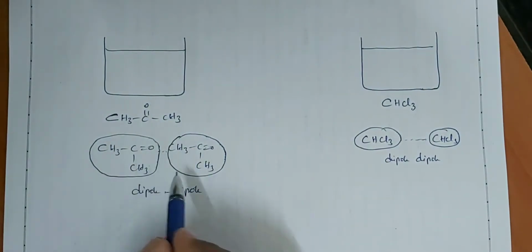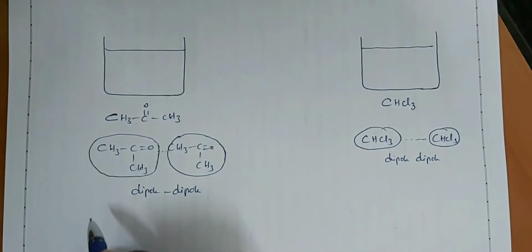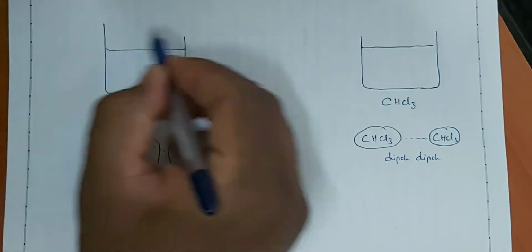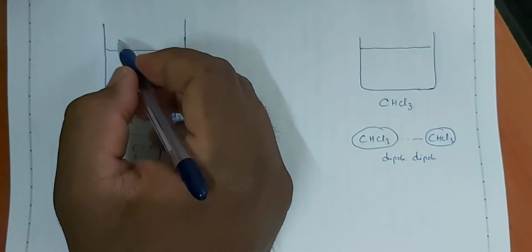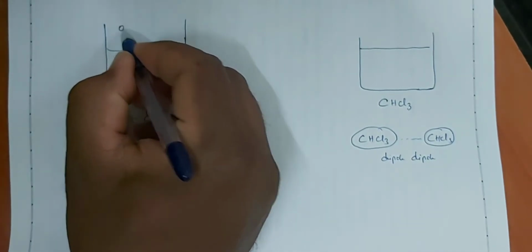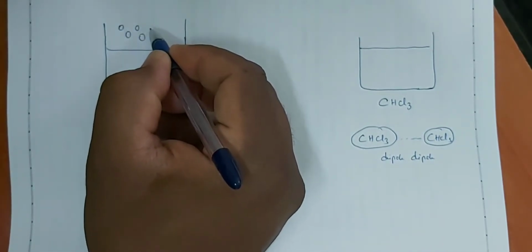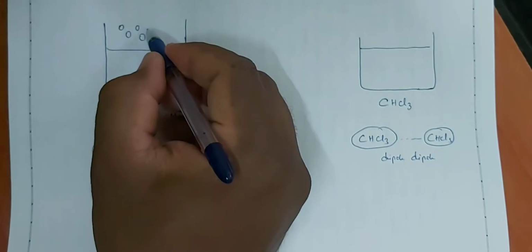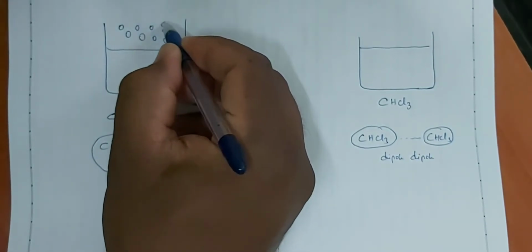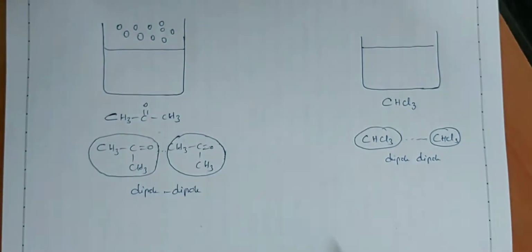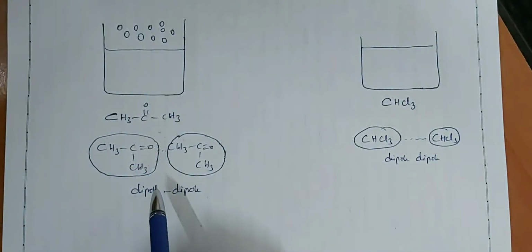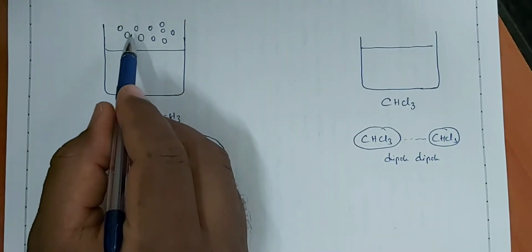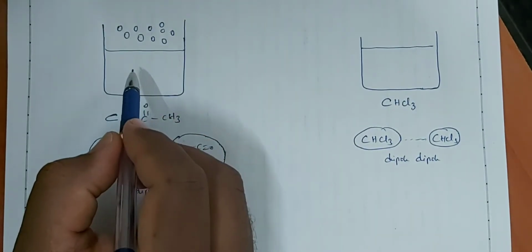Because of these dipole-dipole attractions at a particular temperature, some chloroform molecules, acetone molecules, will be converted into gaseous state, and let us consider at room temperature, 10 molecules are there. When we take only pure acetone, in that gaseous state 10 molecules are in equilibrium with the liquid acetone.